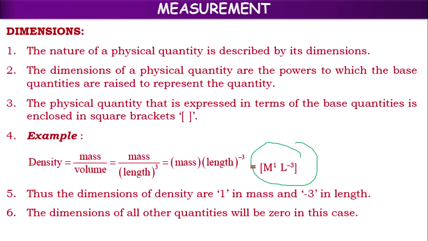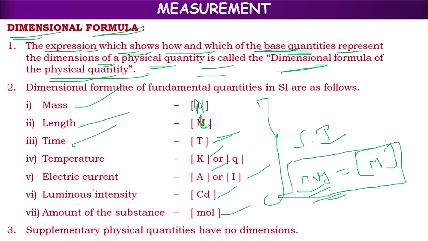In the previous concept, the dimensional formula of density is M1 L minus 3. It tells us what base quantities are represented and in what way.